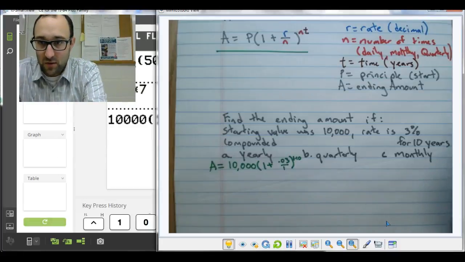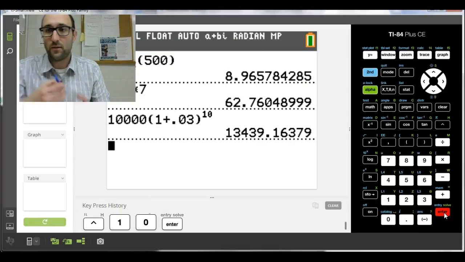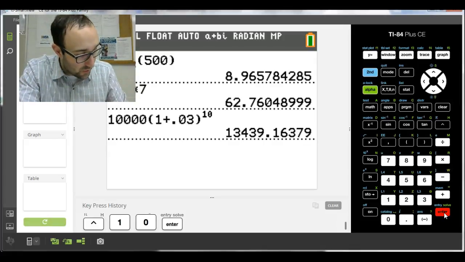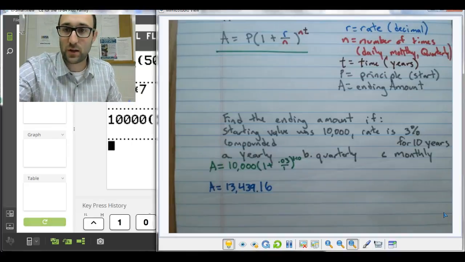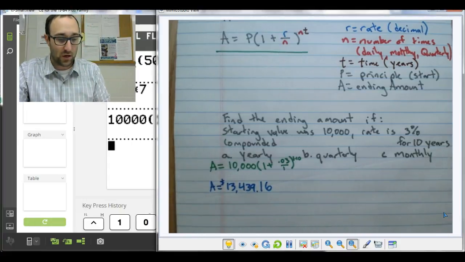Let's just make sure I have this correct. 1 plus 0.03, 1 times 10. Okay, and we should get an answer of 13,439. So our amount is going to be 13,439 and 16 cents. Don't forget those cents. So that's how much it is if we compound it yearly.